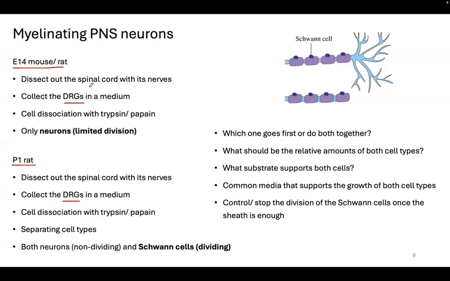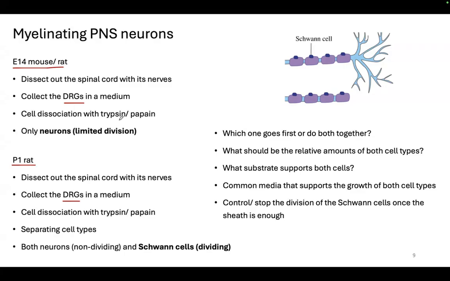So you collect your DRGs into whatever medium so that the cells stay happy, and then you dissociate your cells with trypsin or papain. Papain is gentler. With trypsin, you have to ensure that you are not over chopping everything up, so there's often something known as a trypsin inhibitor that is used.